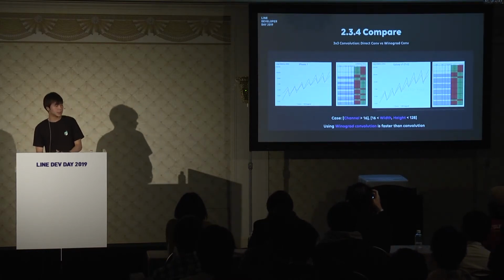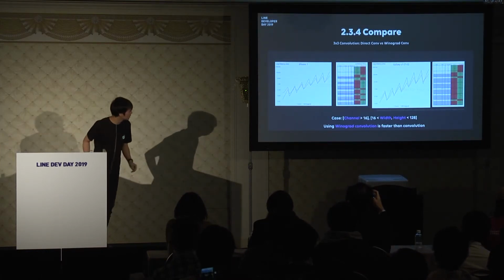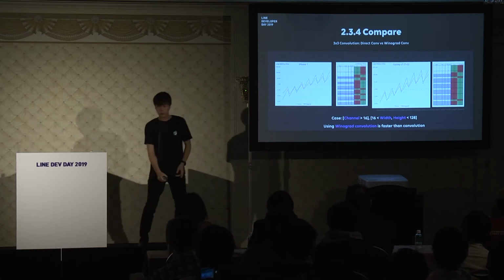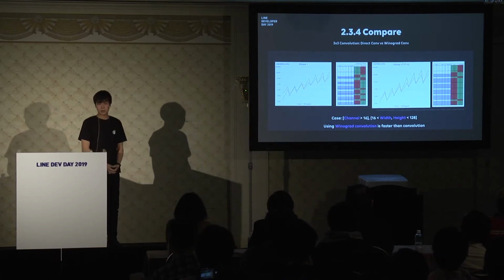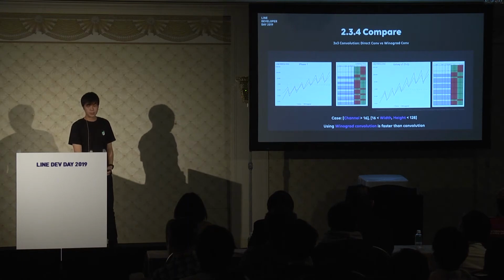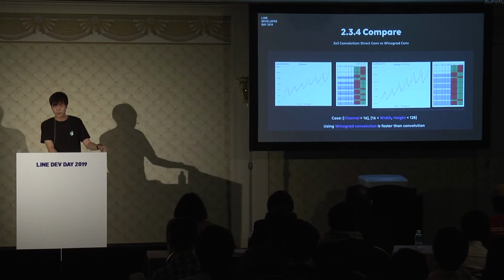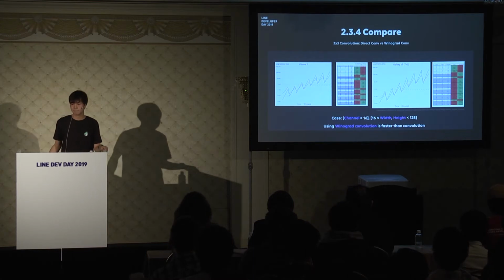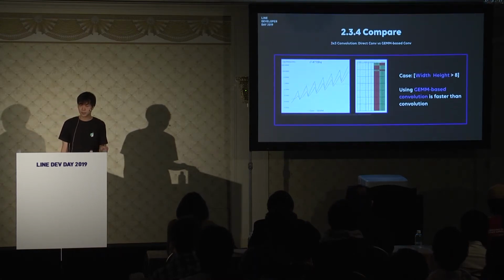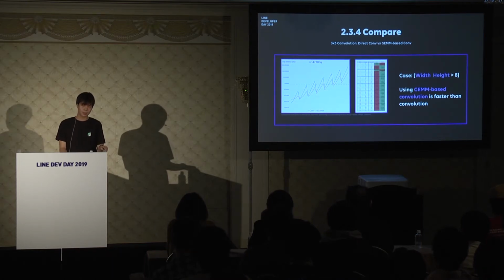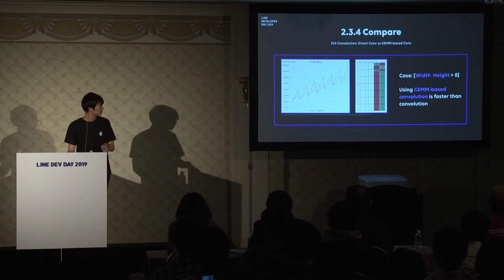Since there are intersections in the graph, we should only use each if certain conditions are met. For example, in the case where channels are above 16 and width and height are between 16 and 128, using Winograd convolution is faster than direct convolution. In 3 by 3 convolution, when width and height are above 8, using GEMM-based convolution is faster than direct convolution on the CPU.